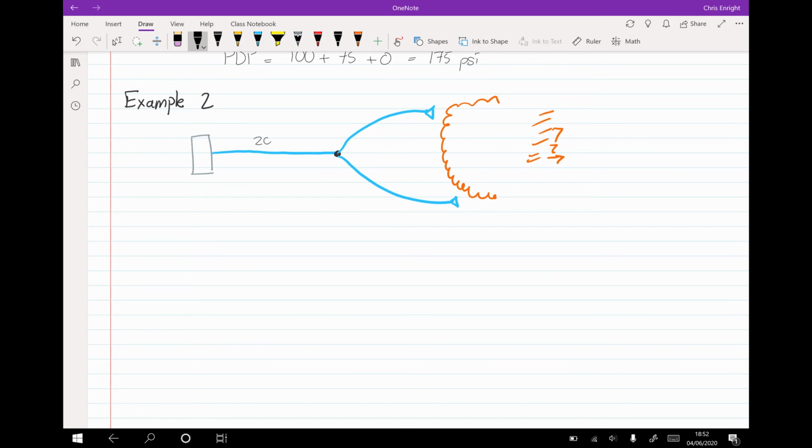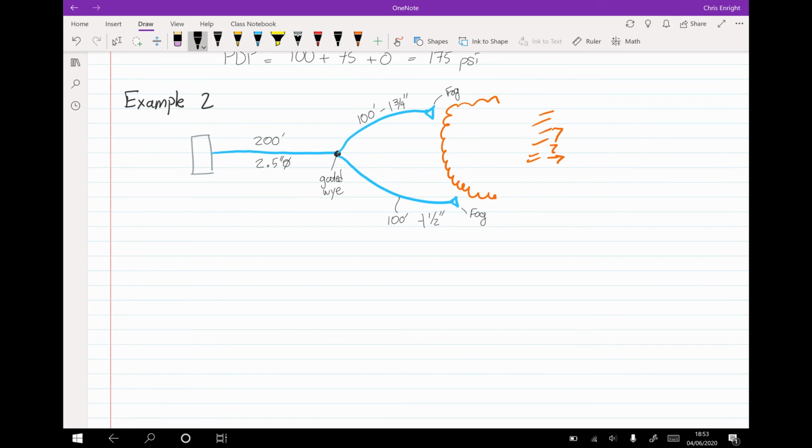This is 200 feet, 2.5 hose, gated Y, and then this is 100 feet of 1.75" with a fog nozzle, because we're just using easy stuff. And then this is 100 feet of 1.5", again with a fog nozzle.